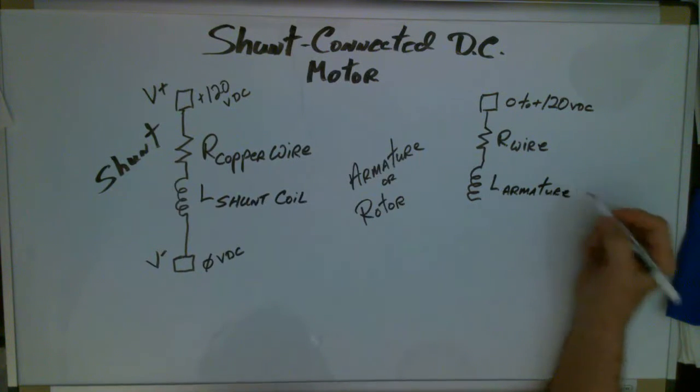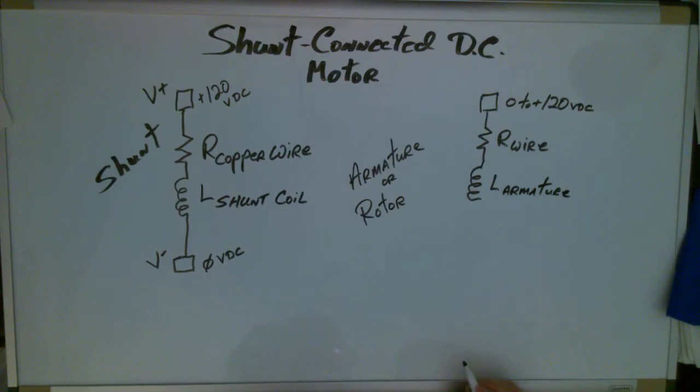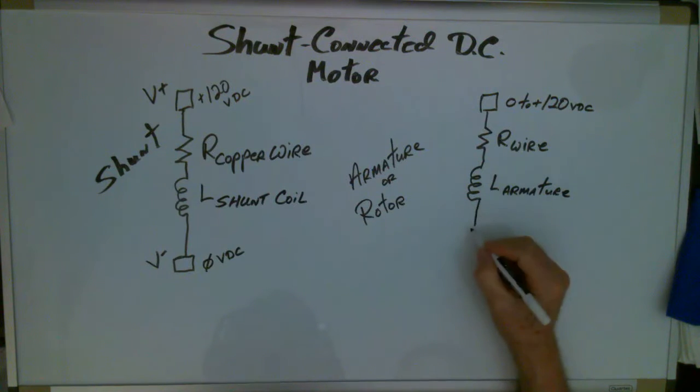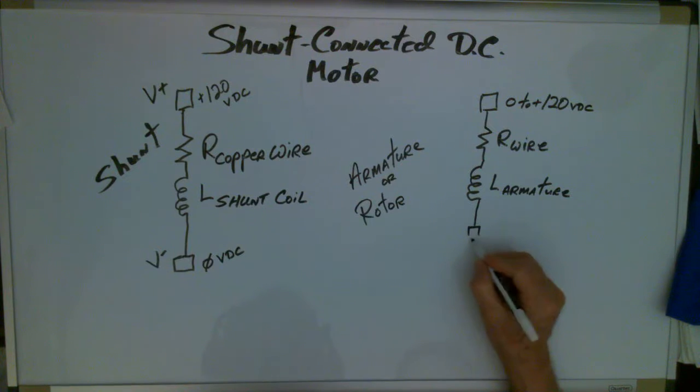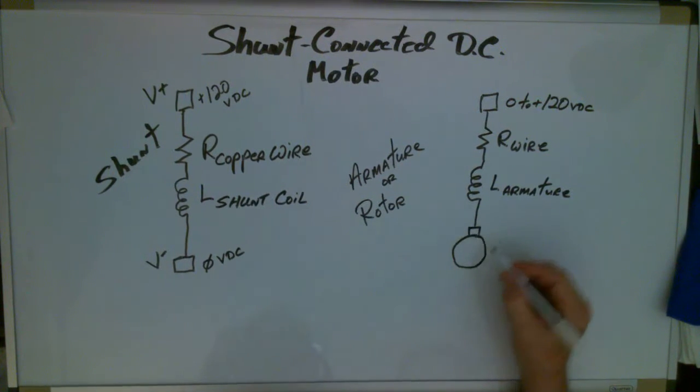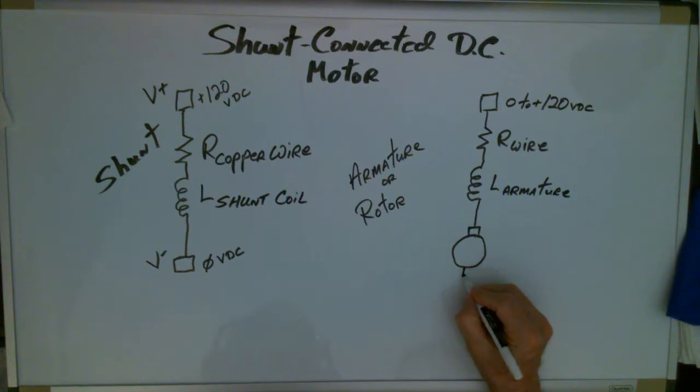You should know both of those terms, in case of a super hot interview you might be going to. We'll come on down, and then we will get to the brushes. And we have this round thing here which represents the motor generator.